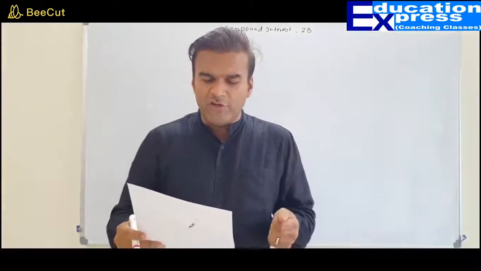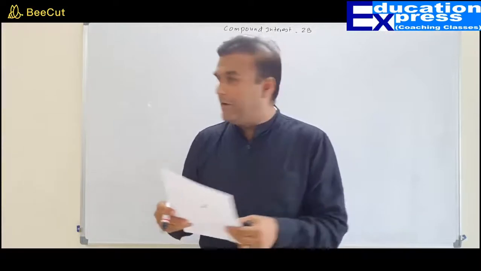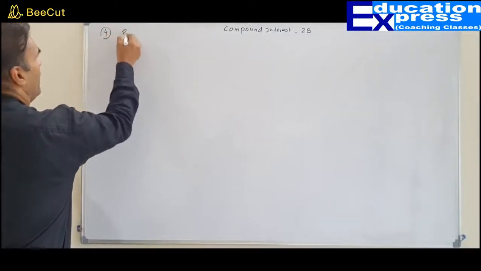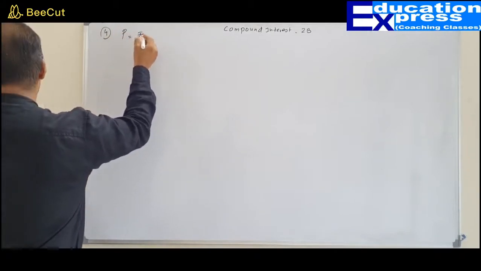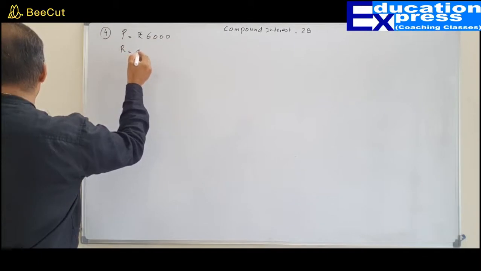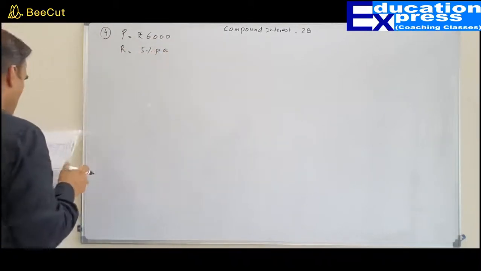Let us move on to question number 4. What does it say? It says that a man borrows 6,000 rupees at 5% per annum. So, question number 4. The amount borrowed is rupees 6,000. Rate of interest is given to us as 5% per annum.